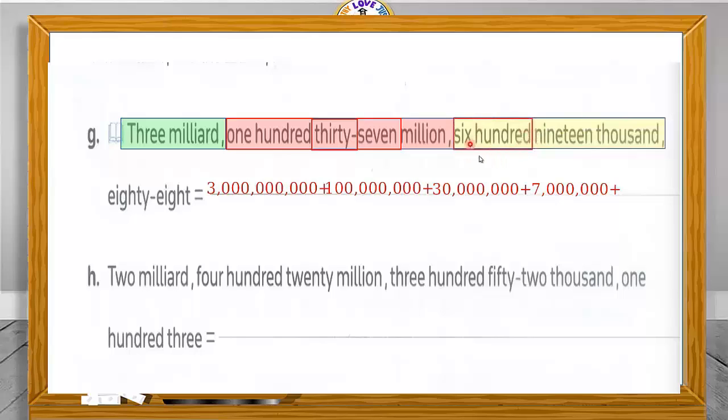First part, 600 what? 600,000. Write 5 zeros. And 19. 19 means 1 and 9. 1,000 and 9,000. Last period here we have 88. 80, write 88.